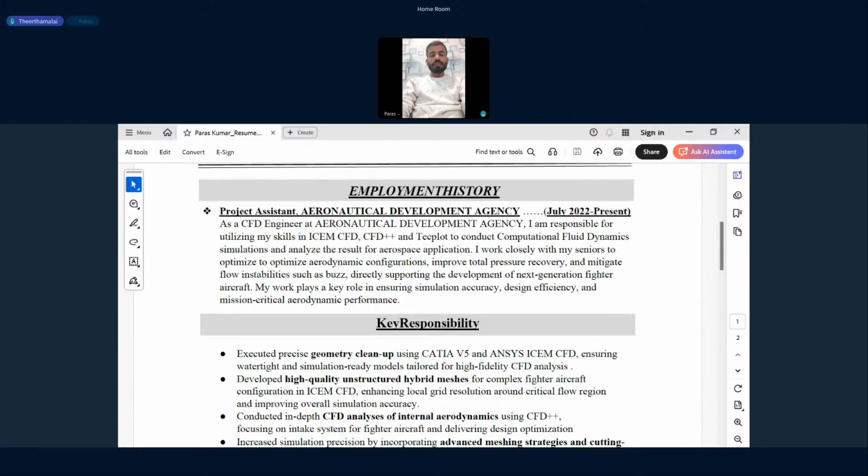Why does shock have to come? Because the flow in the divergent section is supersonic, the shock will come. But supersonic does not mean a shock has to come.